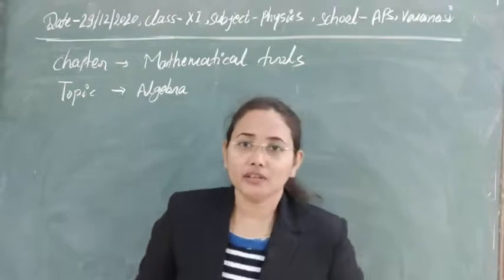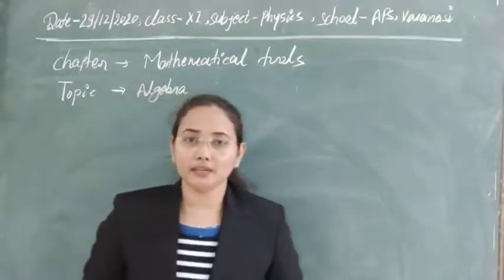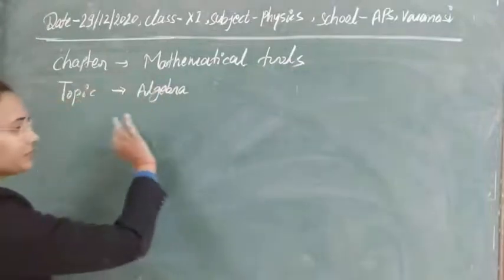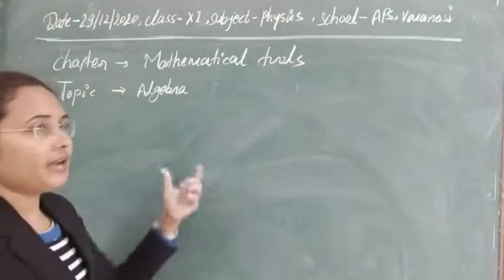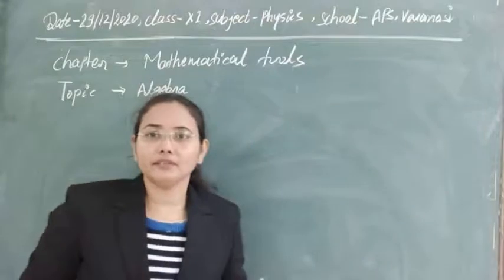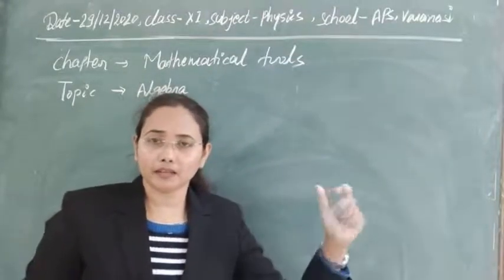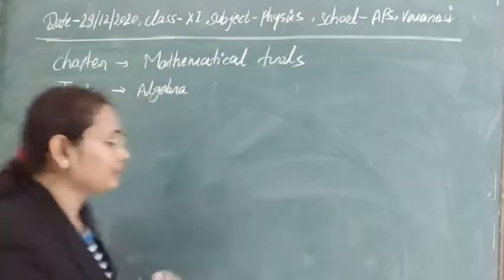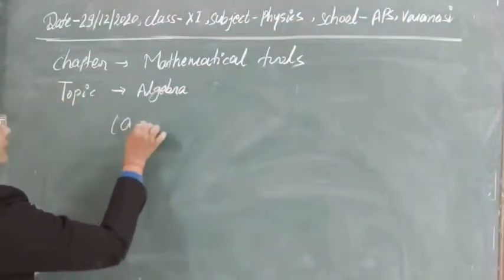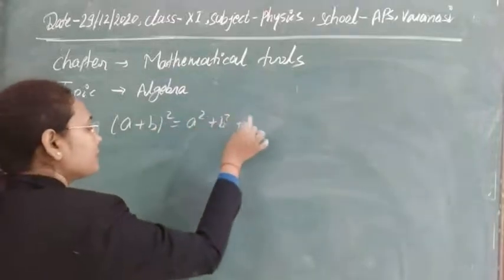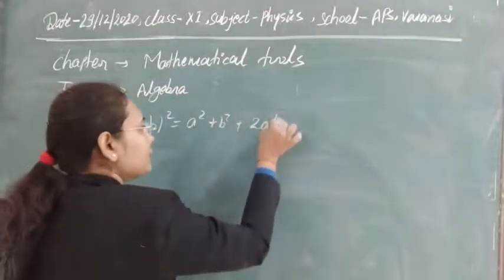So first of all, the concepts of algebra. We have to know some formulas. If we have two variables and the whole square of them, like a plus b whole square, you know its expansion is simple: a square plus b square plus 2ab.